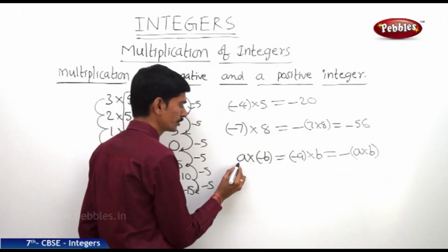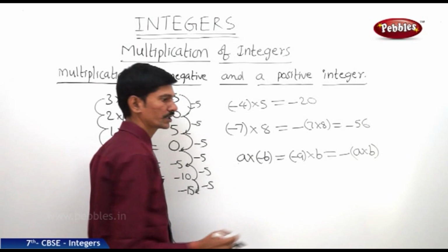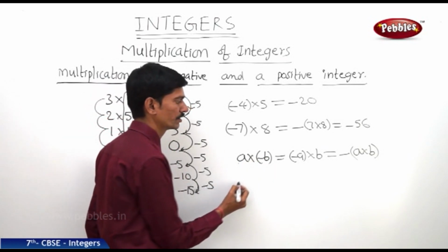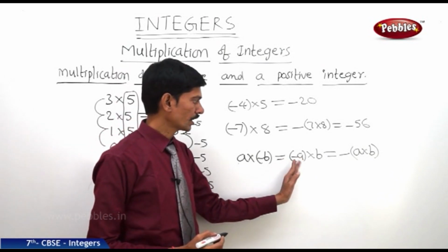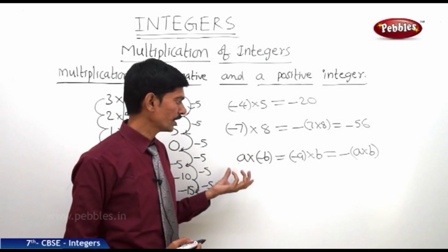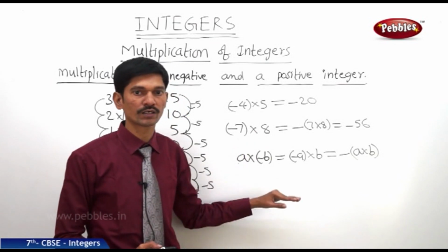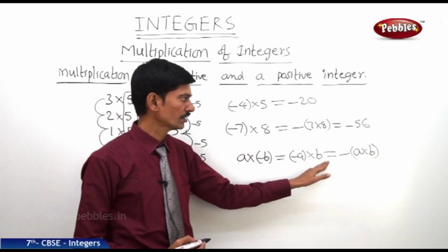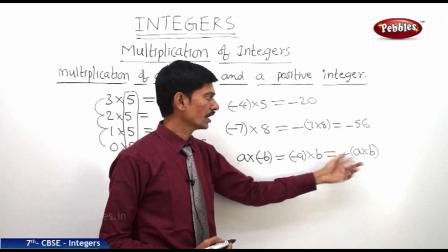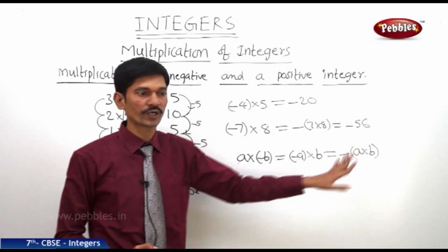Here a is a positive integer and minus b is a negative integer, means here a positive integer and a negative integer are multiplied, and here a negative integer and a positive integer are multiplied. So when you multiply a positive integer with a negative integer or a negative integer with a positive integer, then we just multiply the two numbers and we write the minus sign before the product.